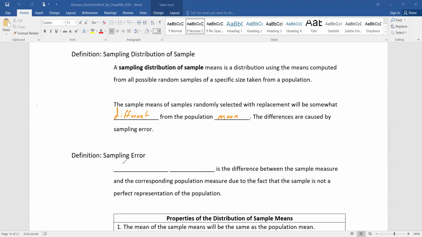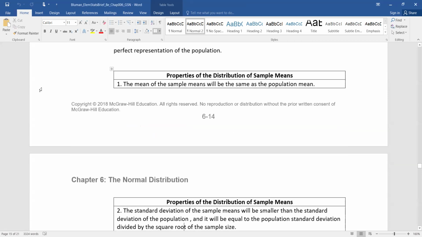A sampling error is the difference between the sample measure and the corresponding population measure due to the fact that the sample is not a perfect representation of the population. There's lots of things that can play into some errors, and we'll talk about some of them.